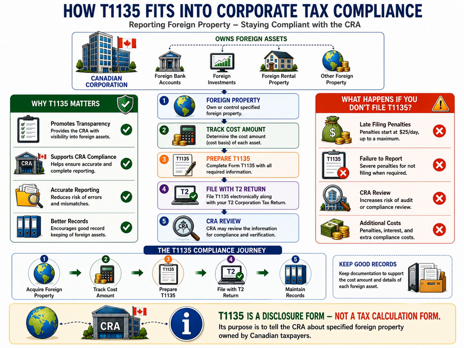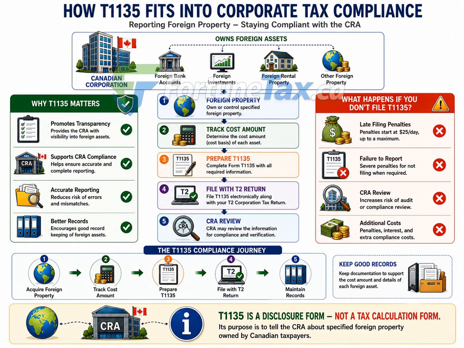If a required T1135 is not filed on time, the corporation may be subject to late filing penalties. Failure to report required foreign property can also result in additional penalties, increased CRA scrutiny, and extra compliance costs. Maintaining accurate records throughout the year makes preparing the form much easier and helps reduce the risk of reporting errors.